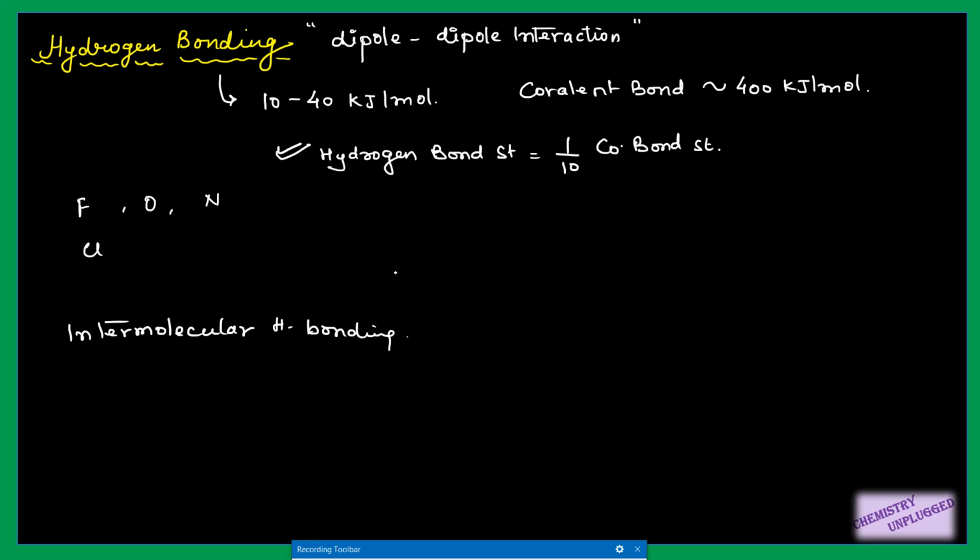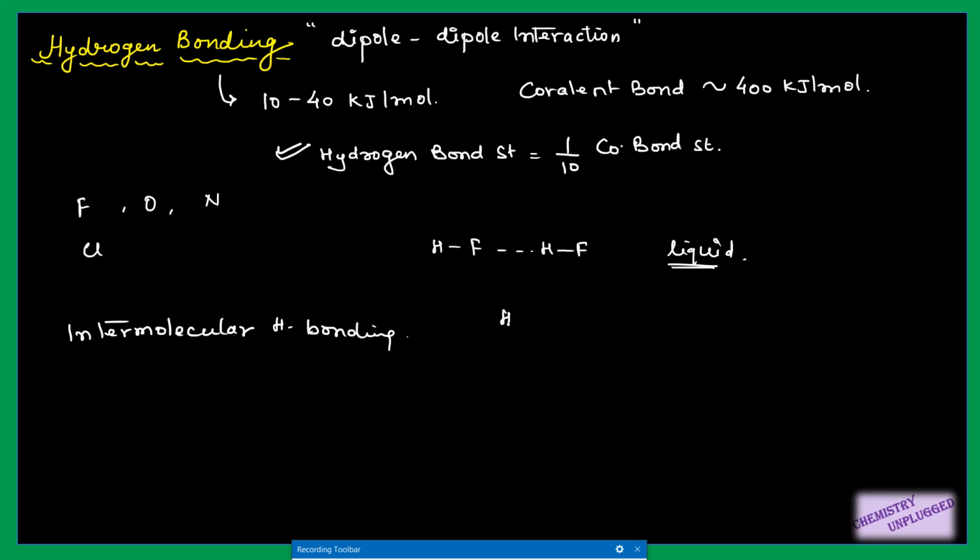But if you have intermolecular, then it will affect the boiling point of the molecule. And the most important thing is, due to this hydrogen bonding, many gases exist mostly in the form of liquid. HF exists in the form of liquid due to this hydrogen bonding, right?